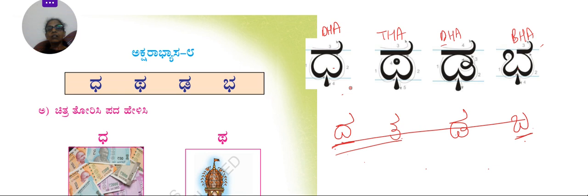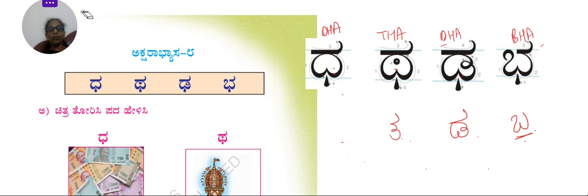So remember, what is written down are called Alpa Prana. Dha, Tha, Dha, Bha are called Mahaprana because we need to breathe a little harder.